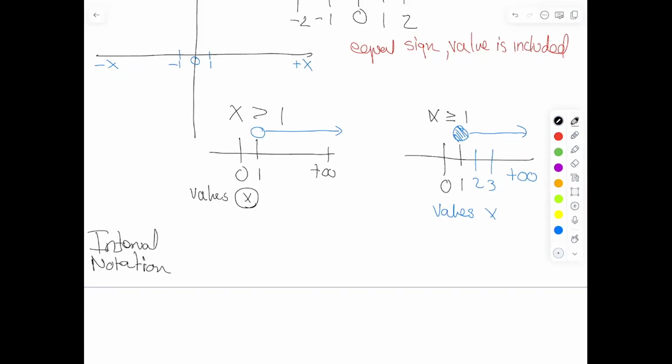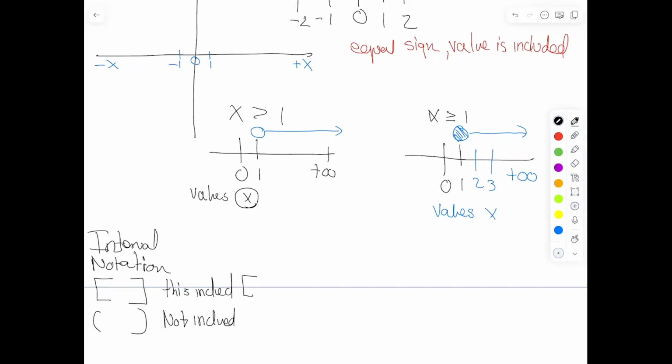Interval notation says, if I draw a bracket, a left bracket and a right bracket, this means it is included. If I draw parentheses, then it is not included.